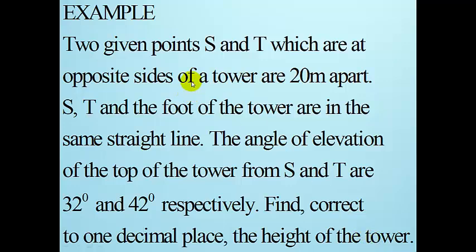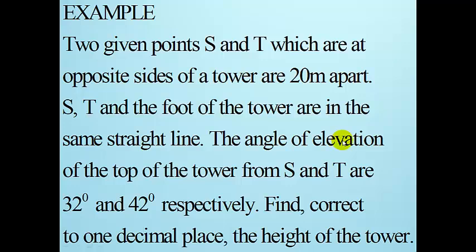Now let's analyze this question. Two given points S and T, which are at opposite sides of a tower. So if S is on the left hand side, then it means that T is on the right hand side of the tower. Now they are 20 meters apart. That is the distance from S and T is 20 meters. S, T, and the foot of the tower are in the same straight line.